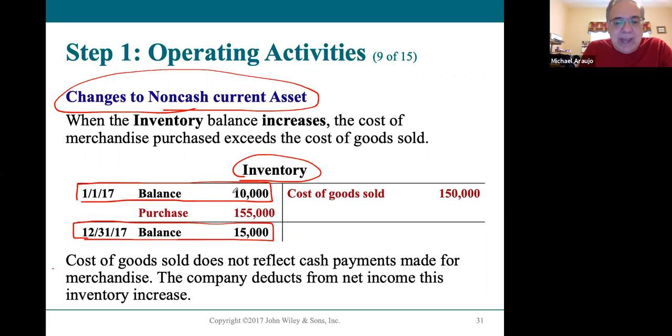So in other words, we have more inventory, and because we have more inventory, it probably cost some cash.